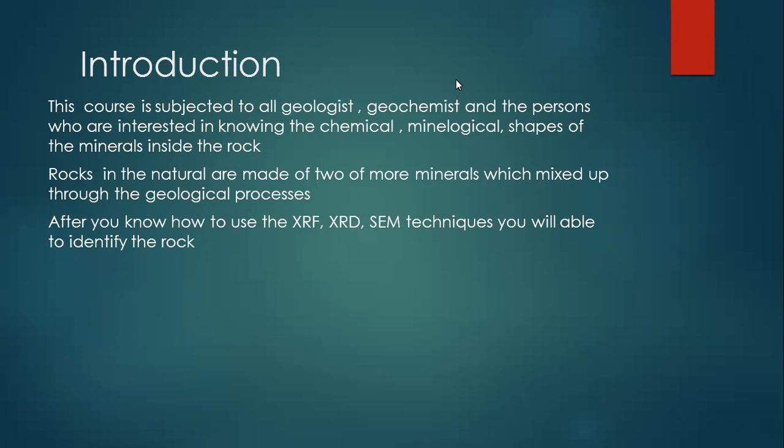And we shall know that the rocks in nature are made of 2 or more minerals. These minerals are combined with each other to form the rocks. And these rocks are formed through what's called the geological process. So we need to know what is the meaning of the geological process.